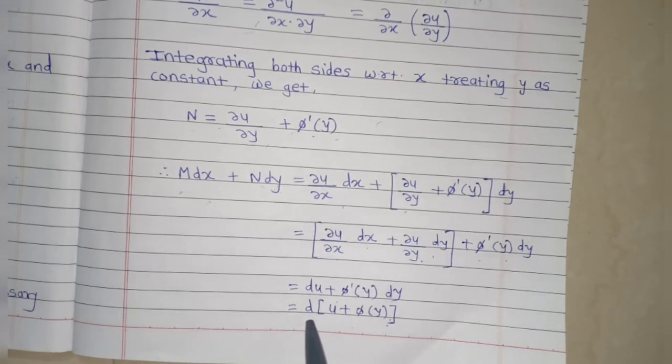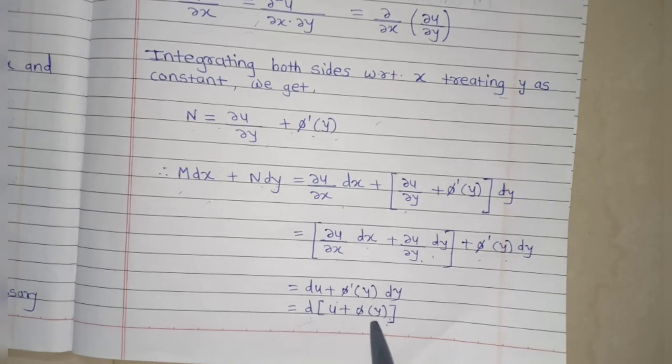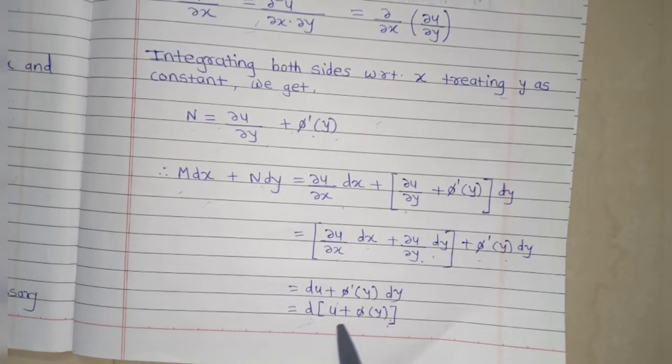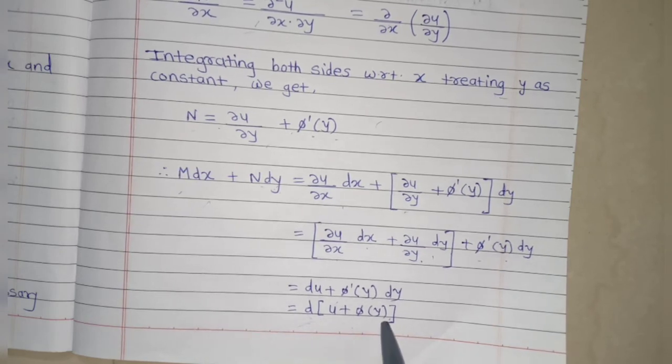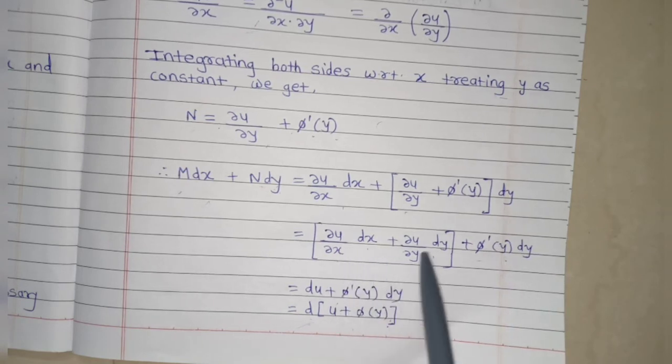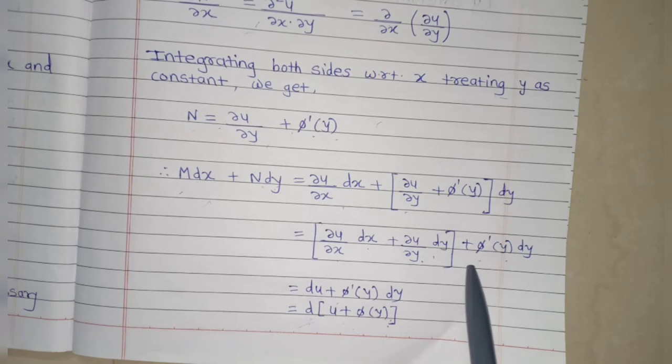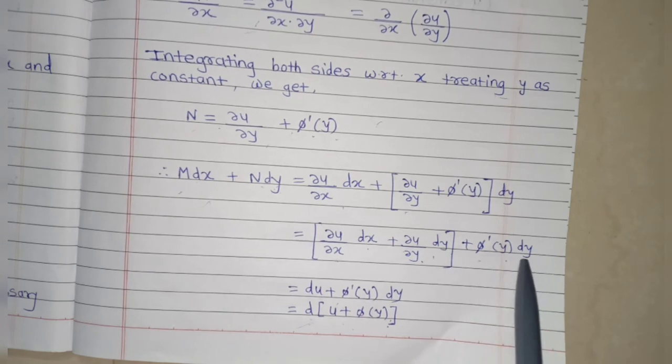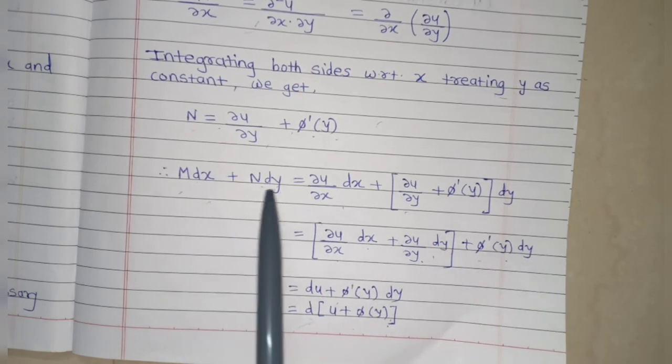This can be represented as the derivative of u + φ(y), that is d(u + φ(y)). That means by simply taking the derivative of u + φ(y), we get ∂u/∂x dx + ∂u/∂y dy + φ'(y) dy, which is equal to M dx + N dy.